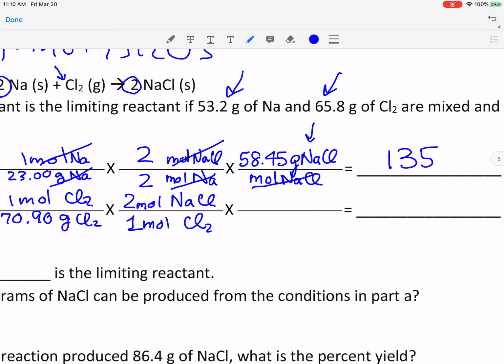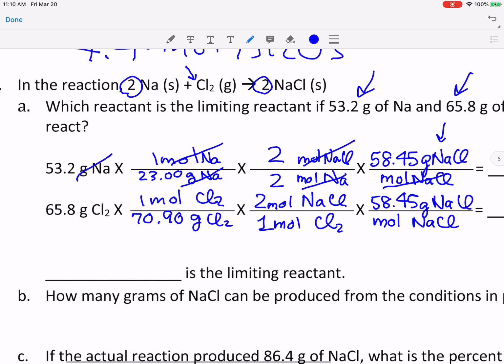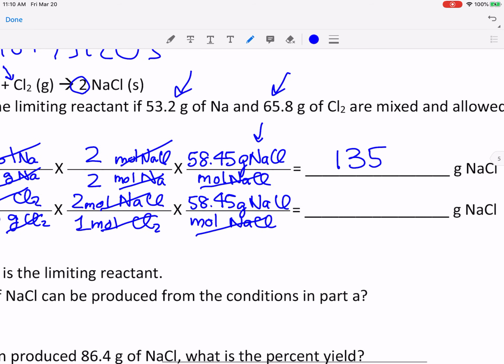Then you convert this to mass because that's the asked output. The molar mass is the same, so you can just put the same molar mass here to convert the mole to mass. And before doing the calculation, just make sure all those canceling units are on opposite sides.